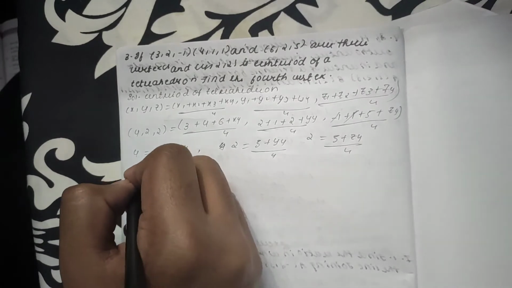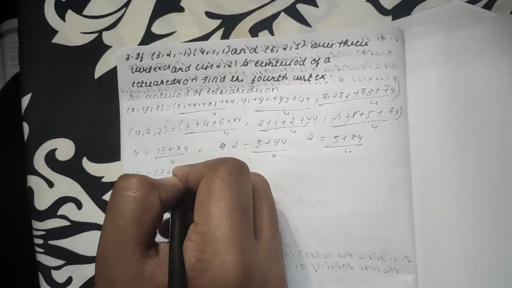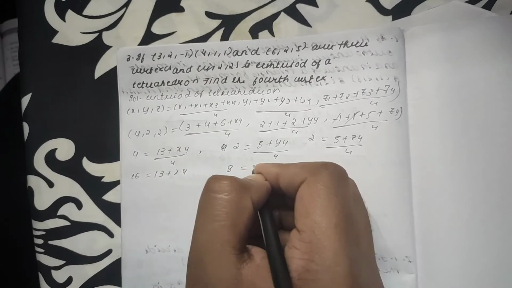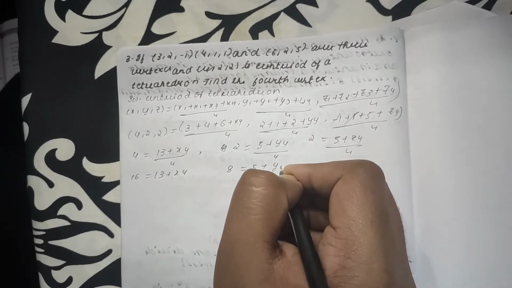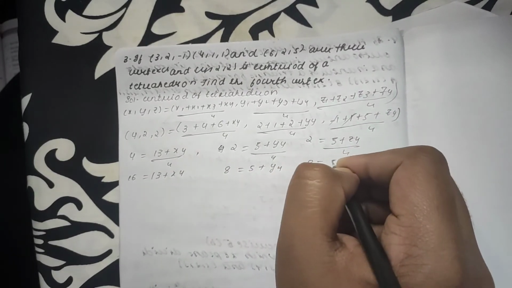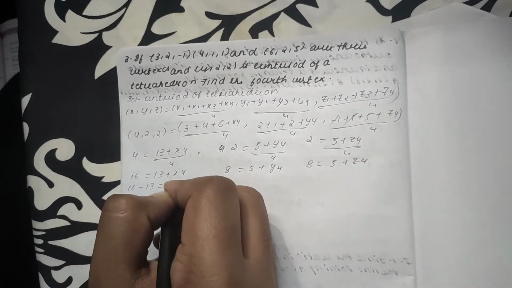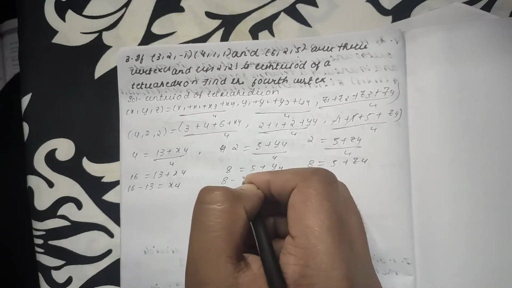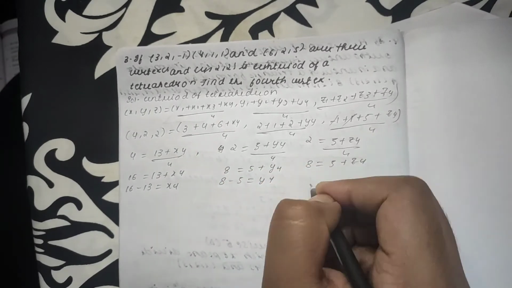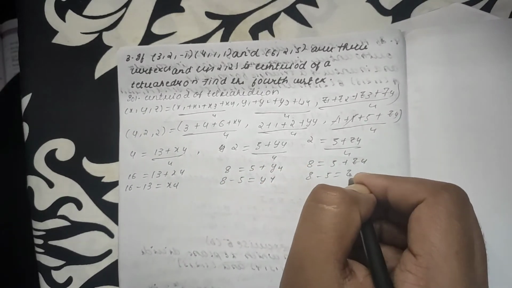So cross multiply. 16 is equal to 13 plus x4. 8 is equal to 5 plus y4. 8 is equal to 5 plus z4. 16 minus 13 is equal to x4. 8 minus 5 is equal to y4, and 8 minus 5 is equal to z4.